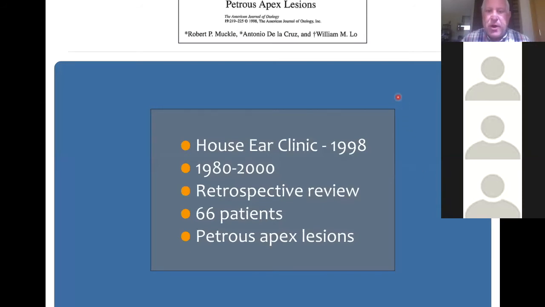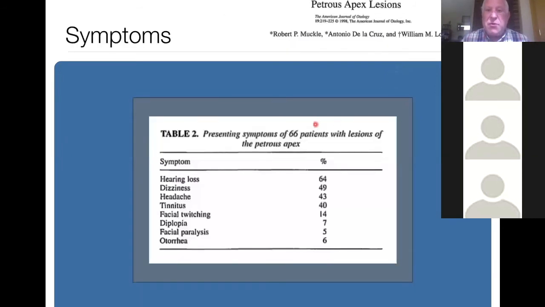This is another article from the House Ear Clinic, written in 1998. It was a retrospective review over a period of 20 years, and they had 66 patients with Petrous apex lesions. And the interesting thing is, well, what are we going to see as clinicians in terms of the patient presentation?